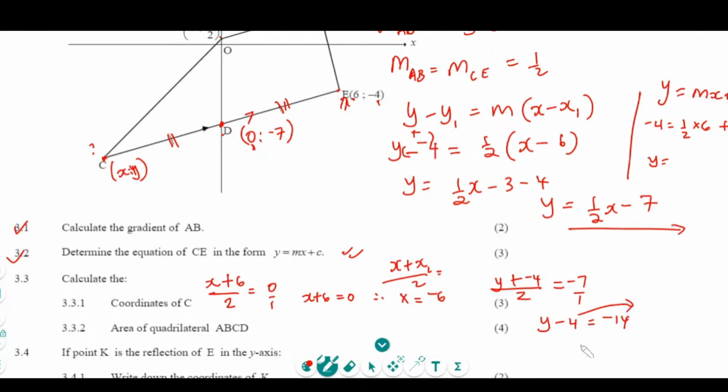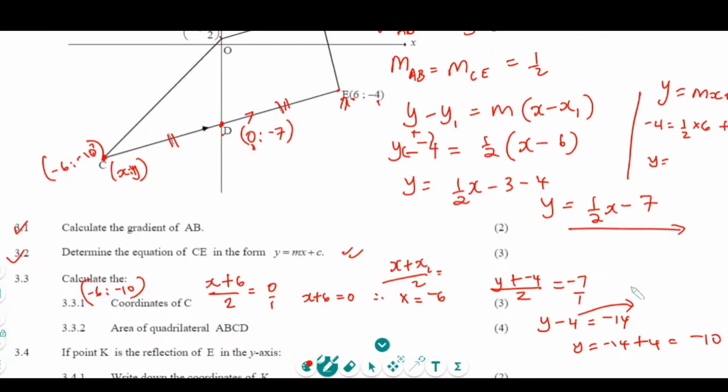So it's going to be y is -14 plus 4, which is -10, which means the coordinates here are basically (-6, -10). So those are the coordinates of C, (-6, -10). All right, we're good to go.